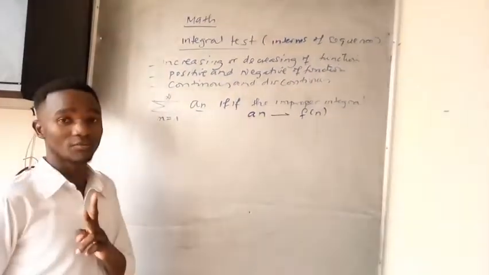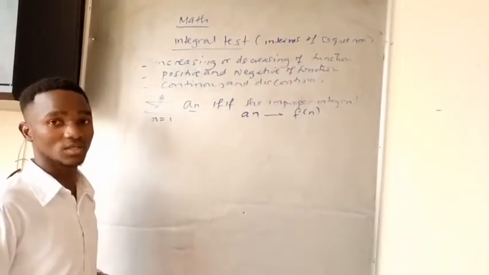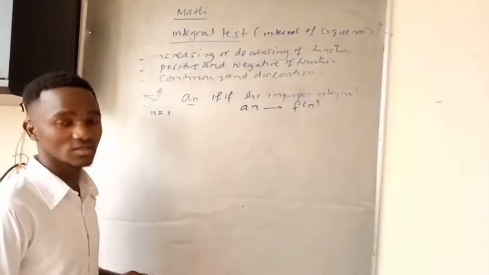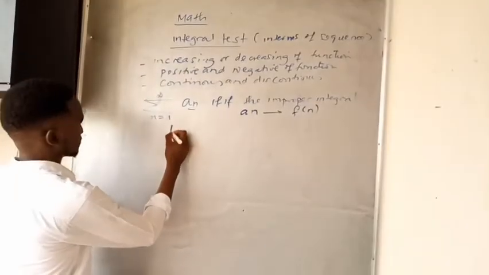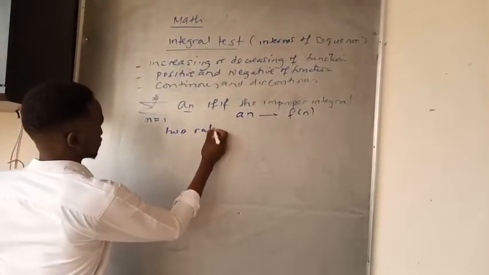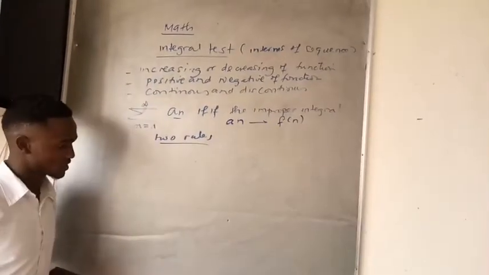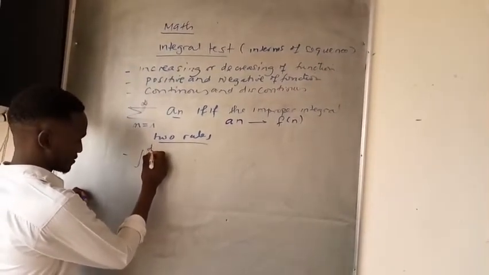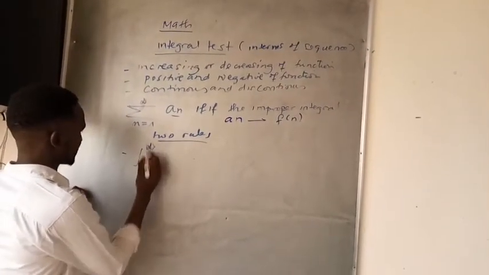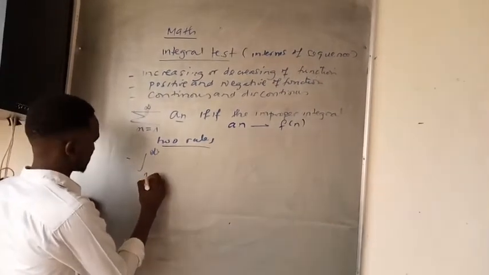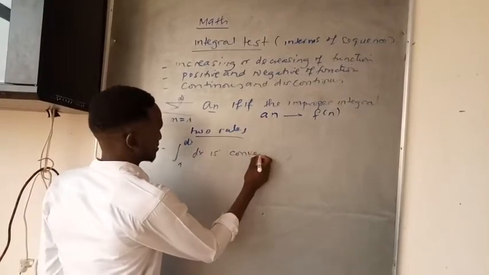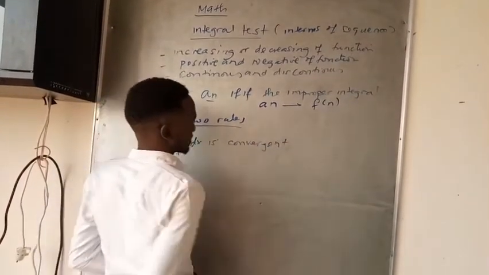We have two rules we have to obey in order to solve the integral test. The first rule: the integral from 1 to infinity of dx is convergent.